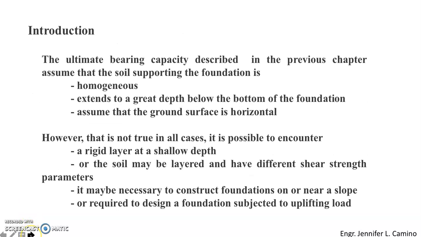Basically, for the ultimate bearing capacity of shallow foundations, special cases, this is different from the considerations that we have studied in the previous chapter. In the previous chapter, the ultimate bearing capacity problems that were described assumed that the soil supporting the foundation is homogeneous, the soil extends to a great depth below the bottom of the foundation, and the ground surface is horizontal.